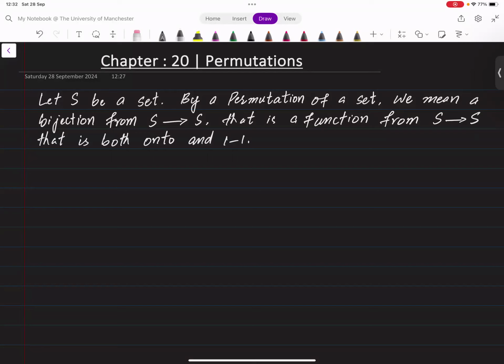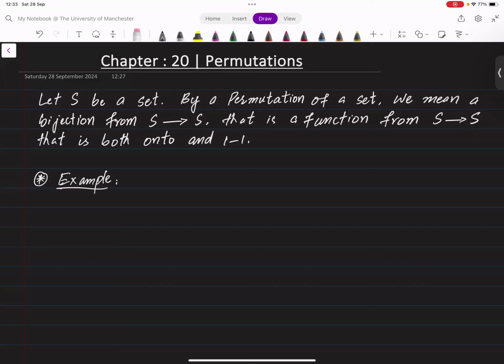So you can say permutations are a pleasant and useful class of functions, and we describe them in the example as follows.